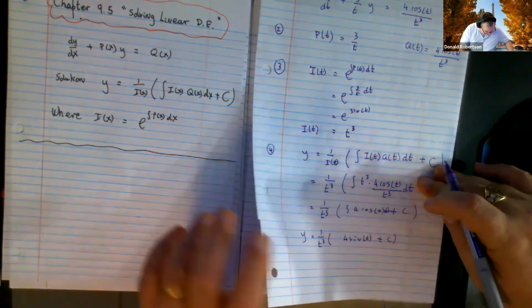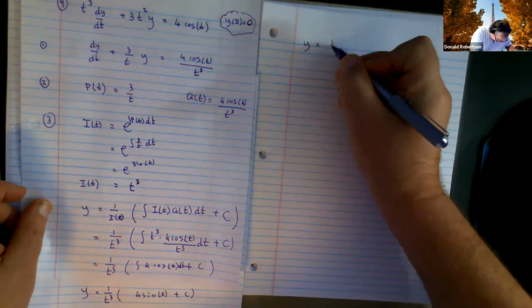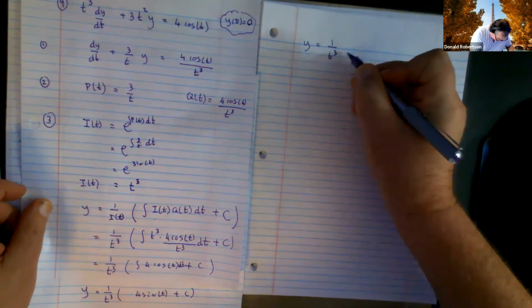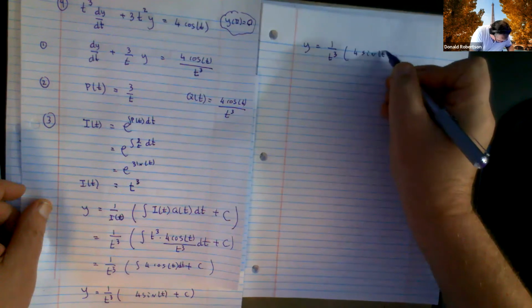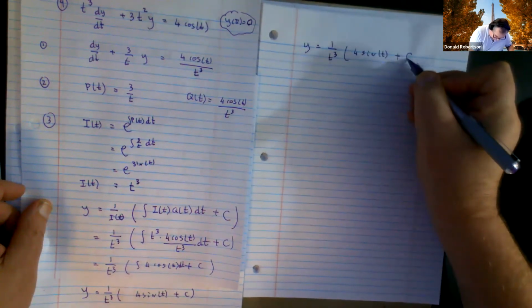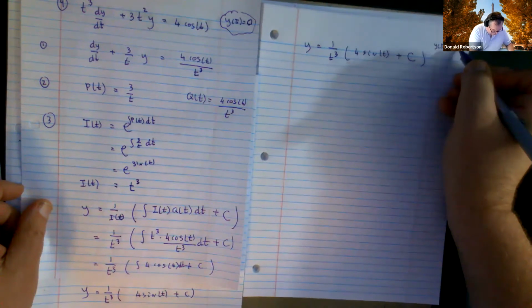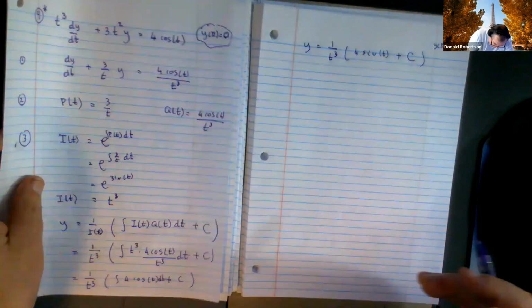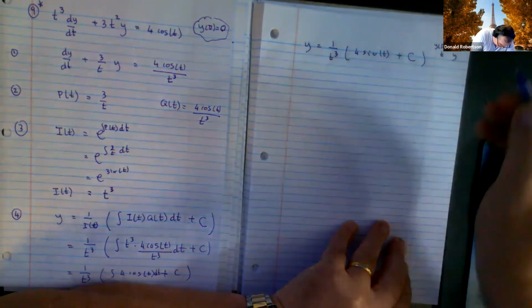But we have a boundary condition to take care of. So just rewrite this guy. And the boundary condition was y of pi equals 0. So when t is pi, y is 0.